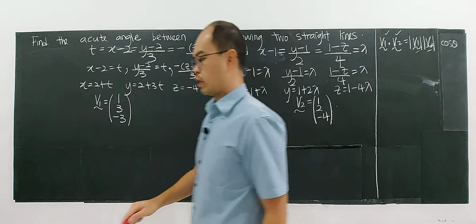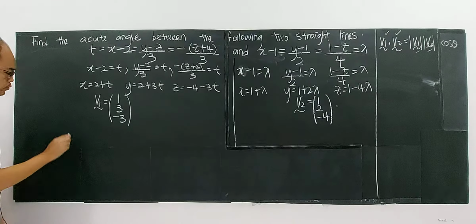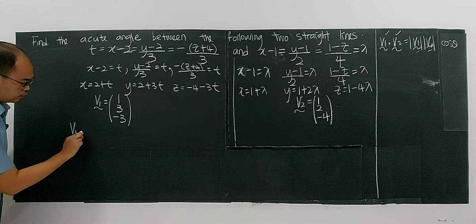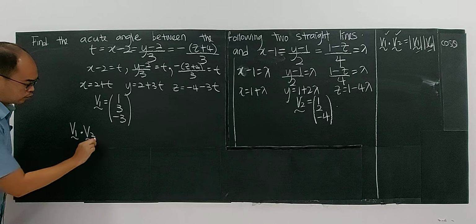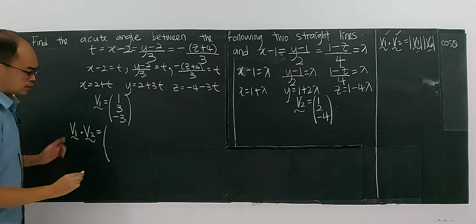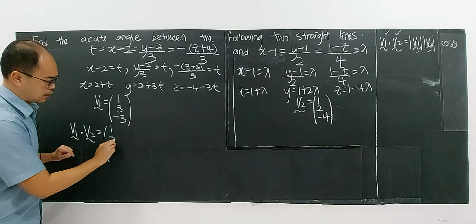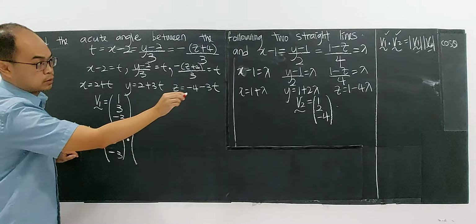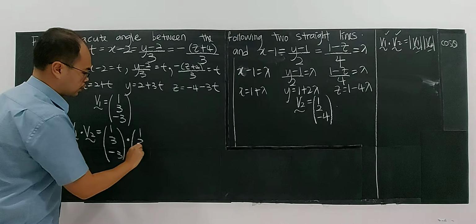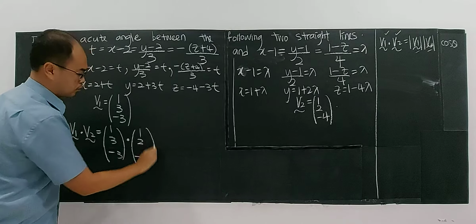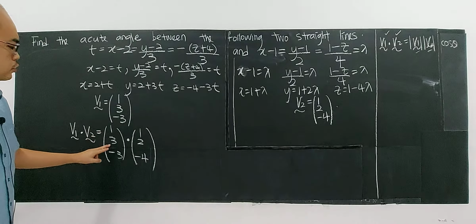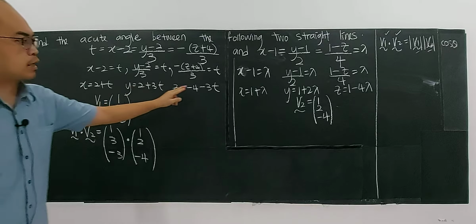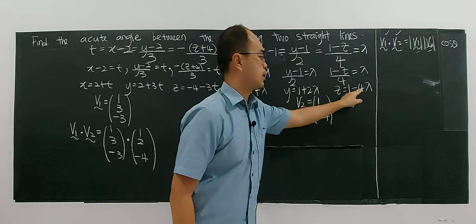At first, we try to find the dot product, V1 dot V2. As a scalar product, it produces a scalar. V1 is 1, 3, negative 3, and V2 is 1, 2, negative 4.